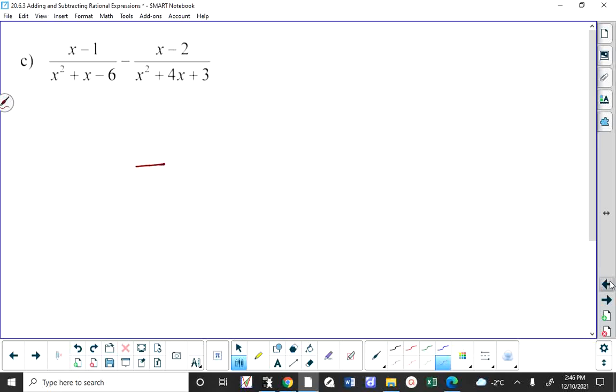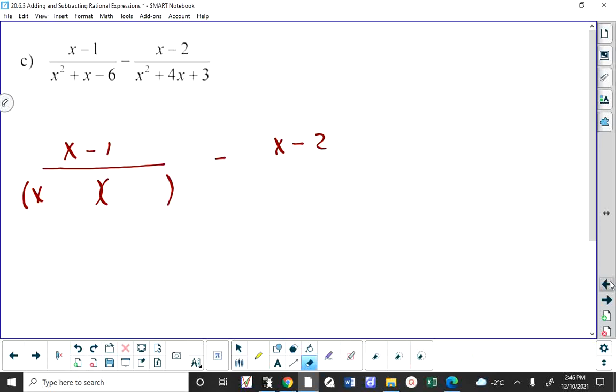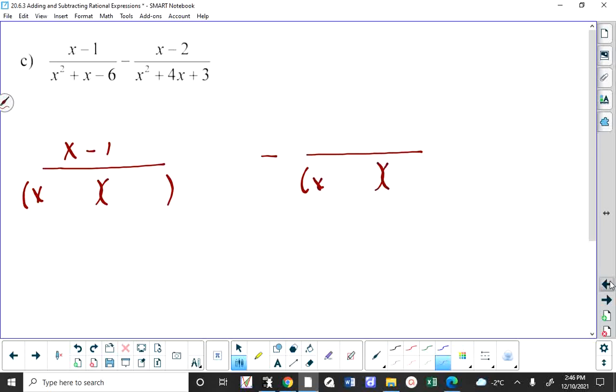We factor this. These are two basic trinomials to factor. Don't forget to leave a bit of room. These are both basic trinomials to factor, two numbers that multiply to give -6 and add to give +1.